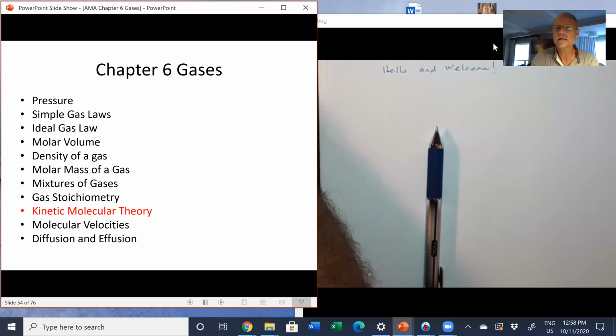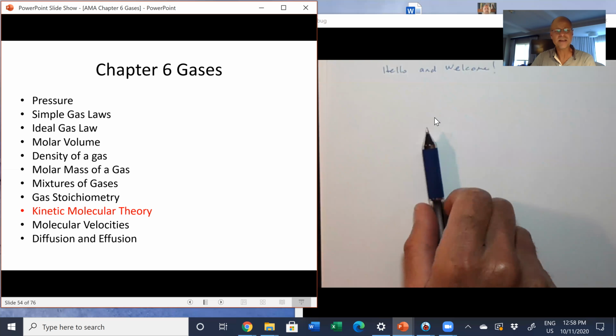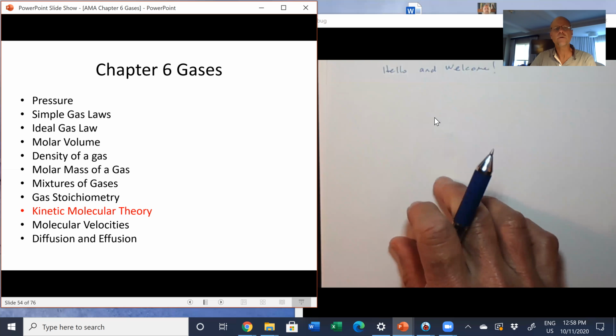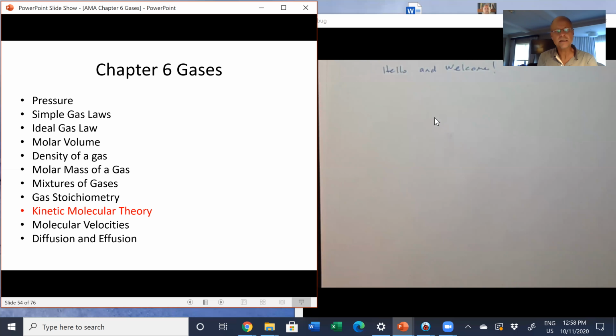So here we go. At the end of last time, if you remember, we were looking at gas stoichiometry, and we looked at a quick problem on how you do stoichiometry for reactions involving gases. And remember, instead of mass to moles to moles to mass, we saw that you can go from liters of a gas to moles to whatever.